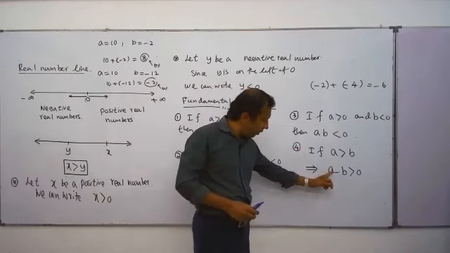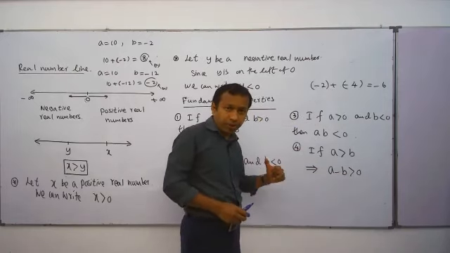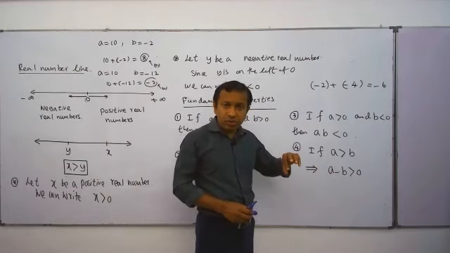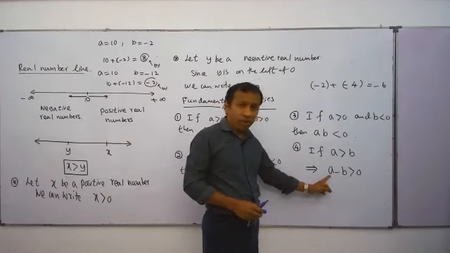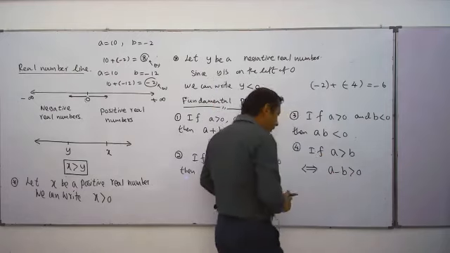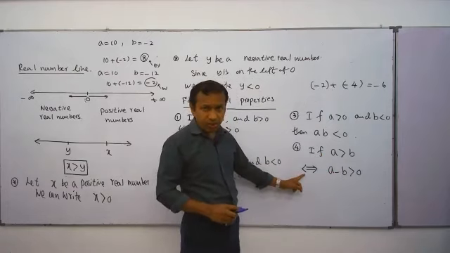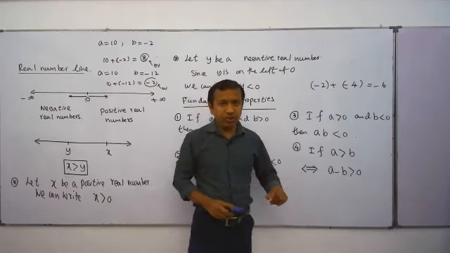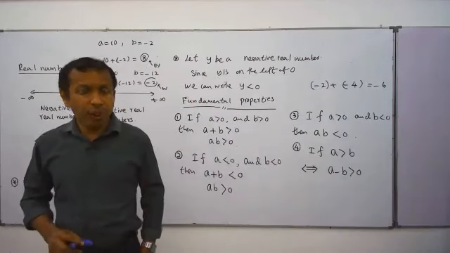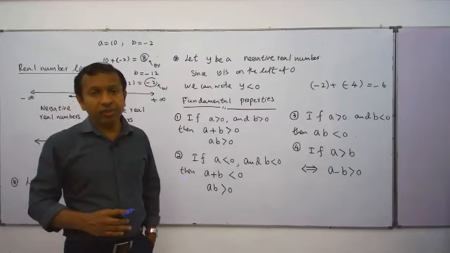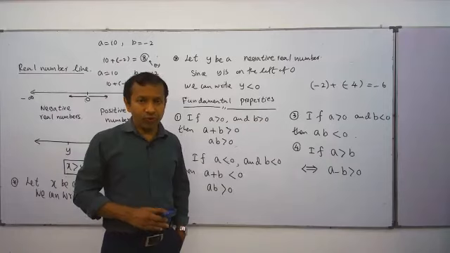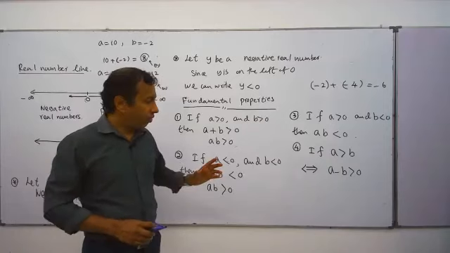And conversely, for A minus B to be positive, definitely A should be greater than B. So we use the double arrow notation. You are familiar with this notation; we first used it in the quadratic equation lesson, in the past paper sums, to prove if and only if statements.